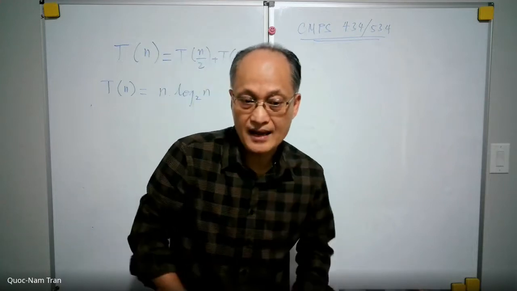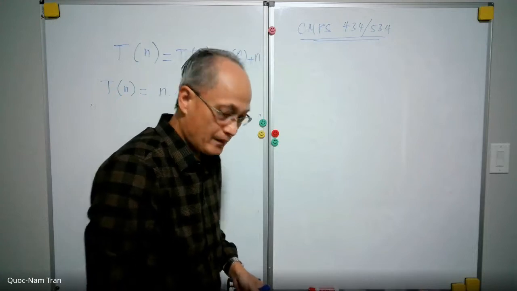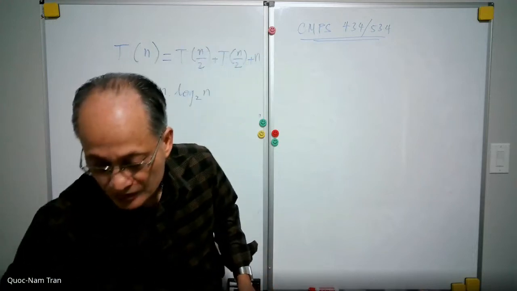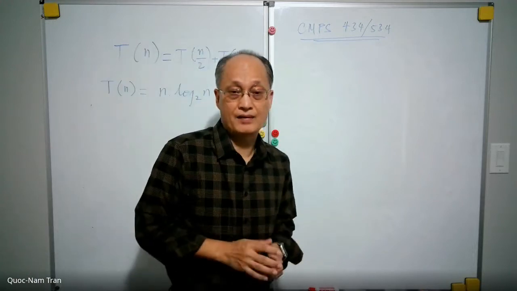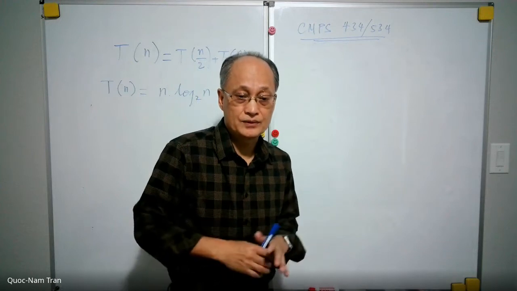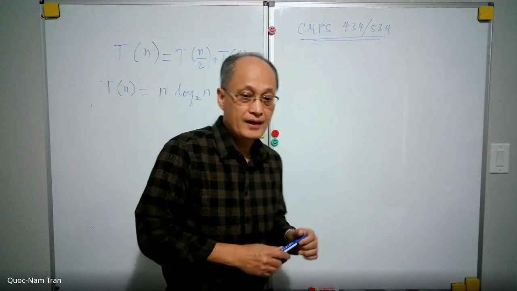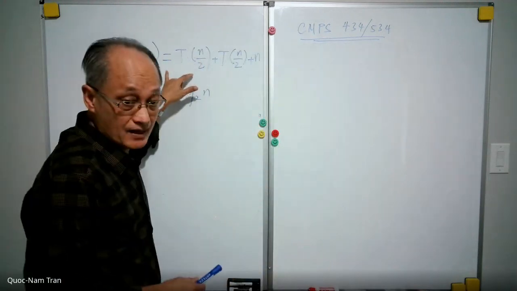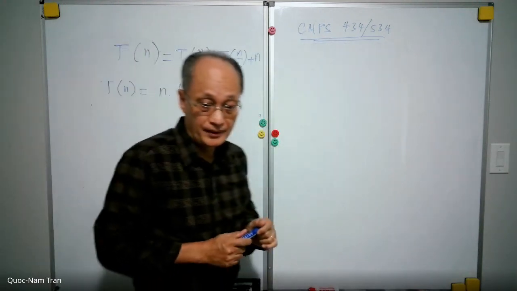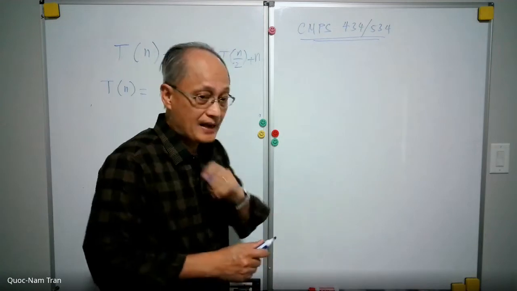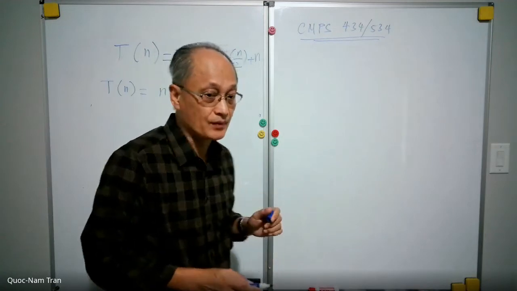Next time on Thursday, I will also give you two other methods, and it's up to you to pick the one you feel most comfortable with in solving a recurrence problem. But let's start with what we have in the textbook.